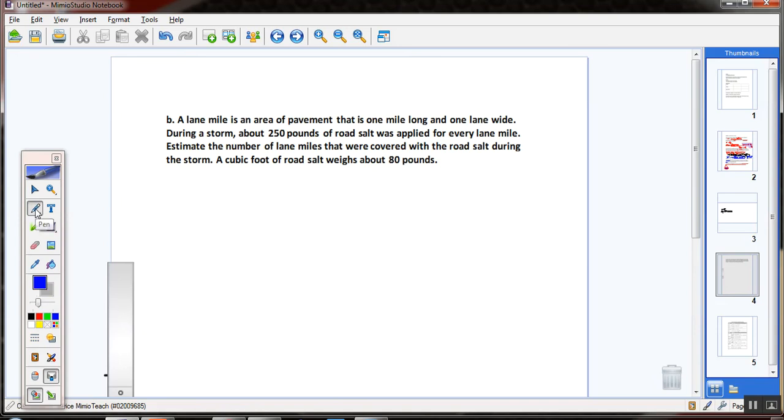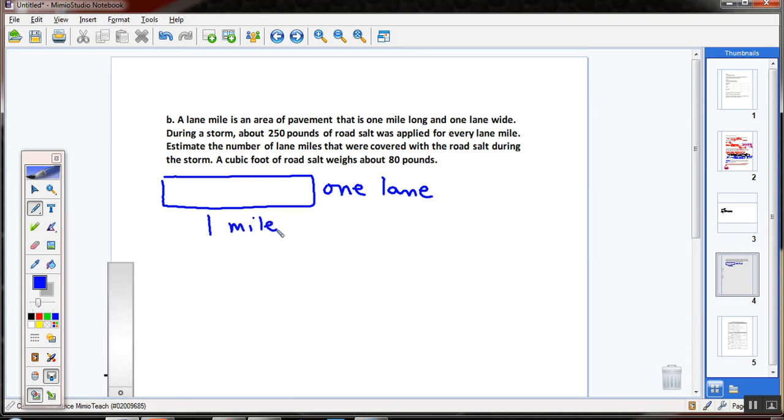If this is a lane on a highway right here, 1 lane by 1 mile, how many pounds of salt does it take to treat that road during a winter storm? How many pounds of salt does it take to treat 1 mile of 1 lane?